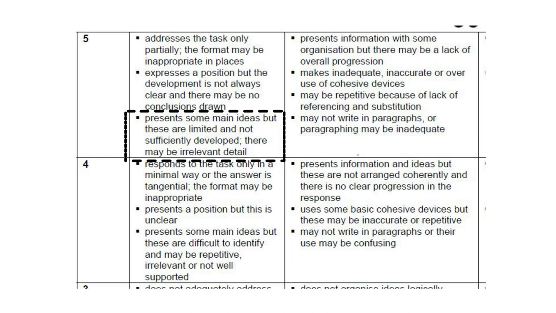So this is the seriousness of the issue of multiple ideas. If you write a lot of ideas in a single paragraph and you do not explain them, you will be stuck at a band 5. And it doesn't matter how well or how strong your ideas were. If you don't explain them, you will not get above a band 5 in task response.